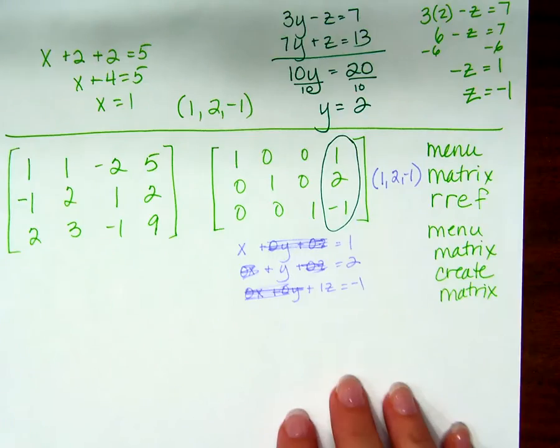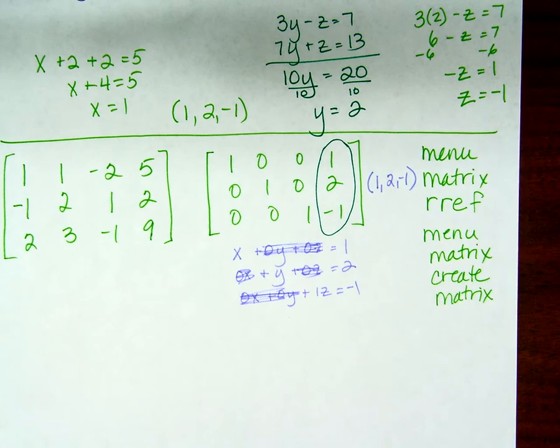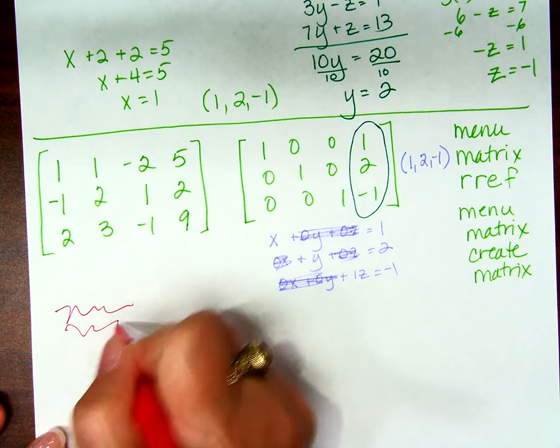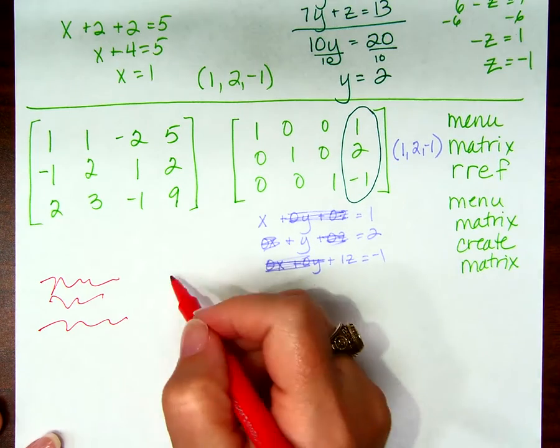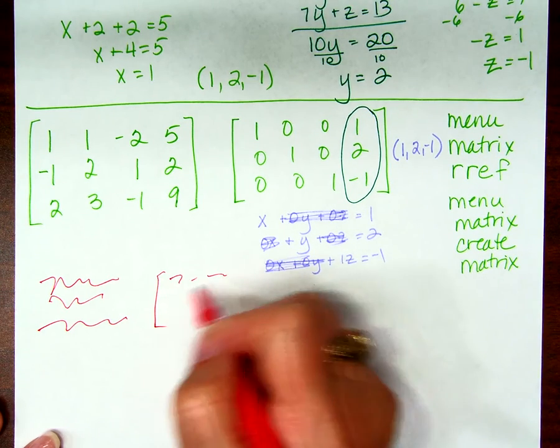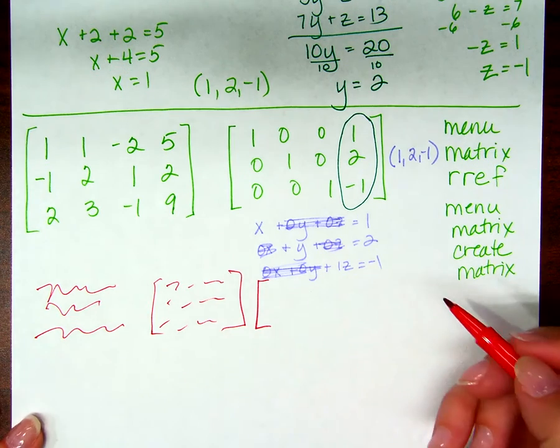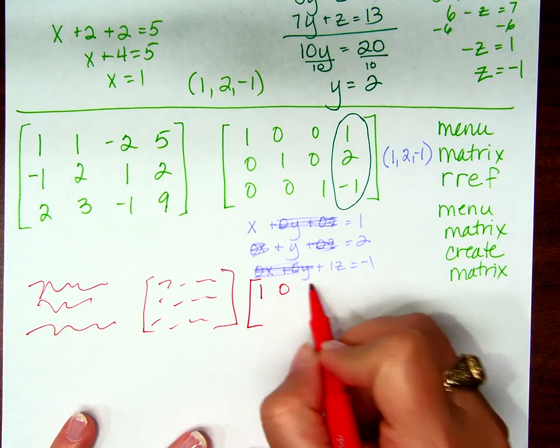Okay. Now, is this always true? Probably not, right? That would be way too easy. You might do a problem that looks like this, like that, okay? And you write your coefficient matrix, and it looks like that. And then you get your answer matrix out of the calculator, and it looks like this.